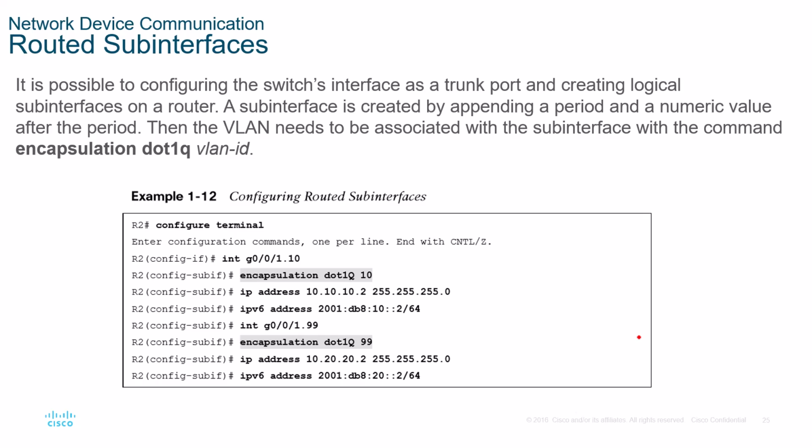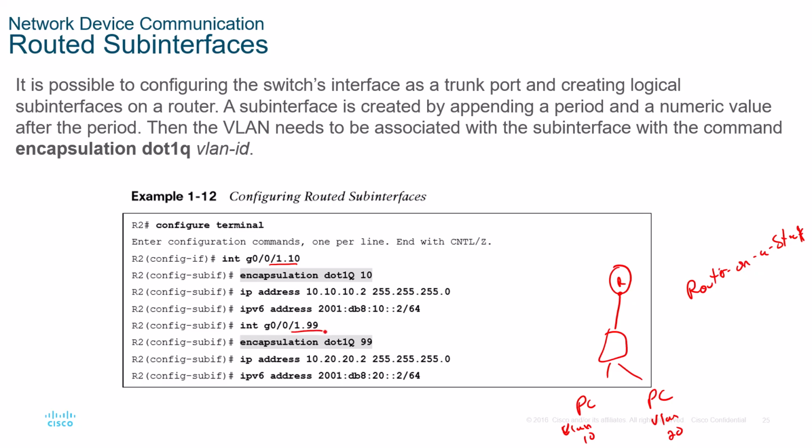If we are doing some form of VLAN and trunking, so maybe we have a switch with VLAN 20, and we want to communicate between the VLANs, we need to do what's called router on a stick. We do this by providing this interface with sub-interfaces.